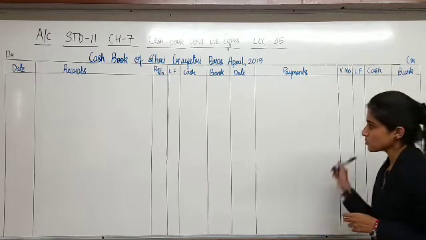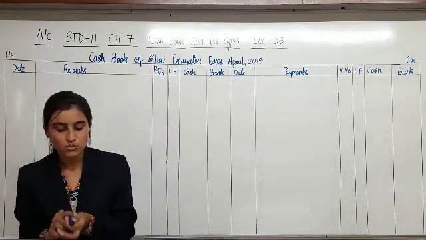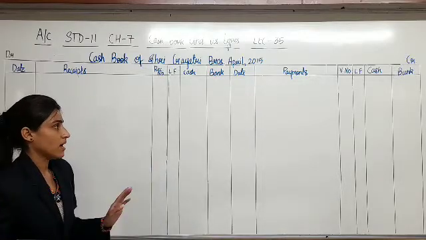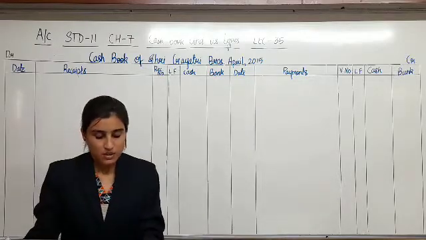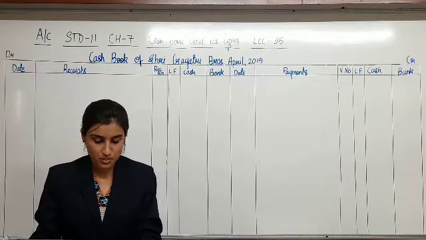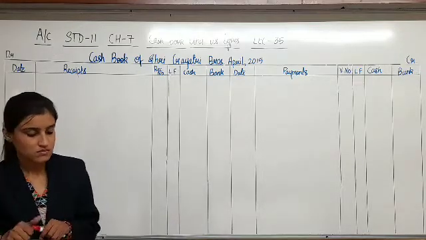Okay, so we are done with the preparation of format for preparing two columnar cash book with the column of cash and bank. Okay, so 2015, 1st of April, the very first transaction that is given.